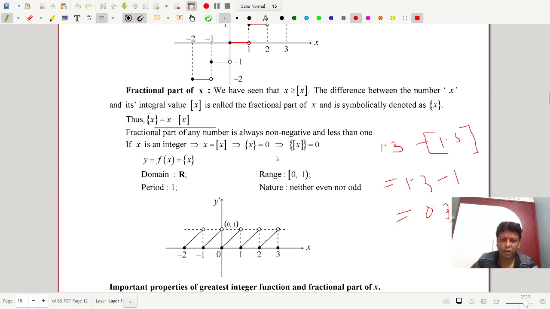You see the fractional part is always between 0 and 1. So domain is R, range is 0 to 1, always less than 1 but can equal 0. This is the graph for the fractional part of x. Periodicity is 1; look, the nature repeats after 1. So the fractional part of x has periodicity 1.